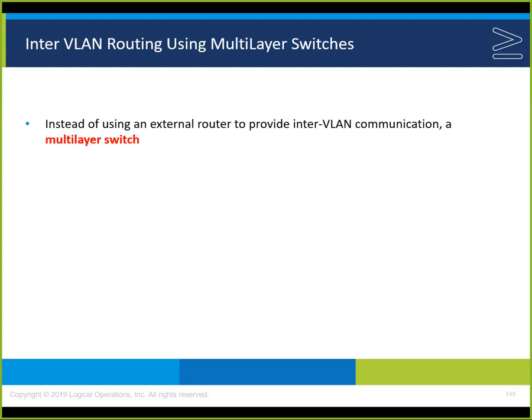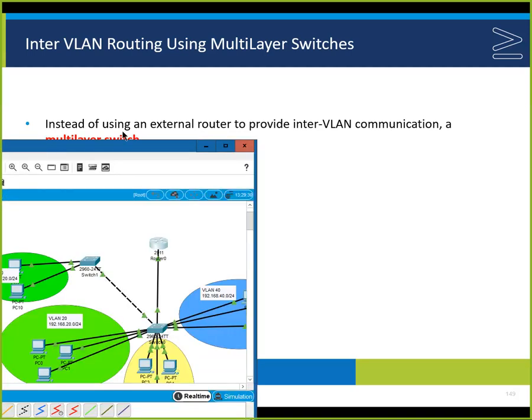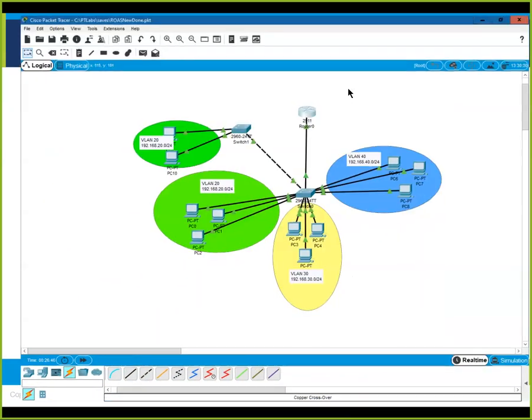Using multi-layer switches instead of the router on a stick, we can do that. Instead of configuring a router on a stick, if we've got a layer 3 switch, a multi-layer switch, we can then do the configuration. Let me bring this thing back over here.